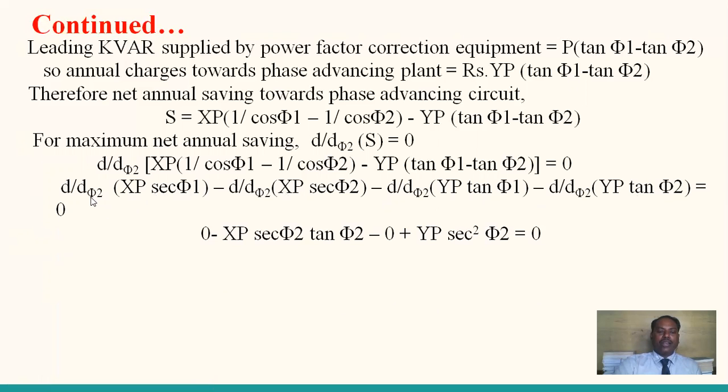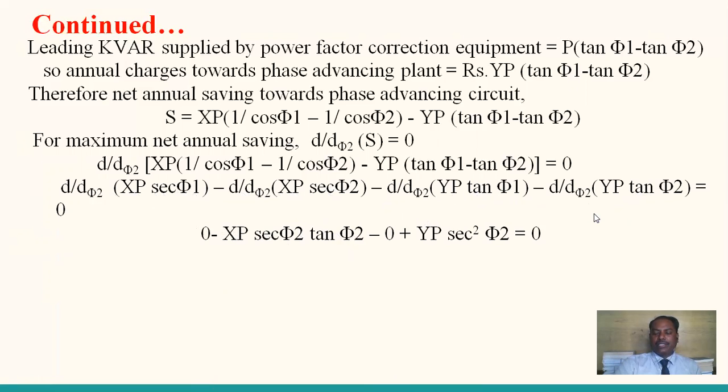Since we are differentiating with respect to φ2, all the φ1 terms are 0. The differentiation of the secant term is XP into secant φ2 into tan φ2.